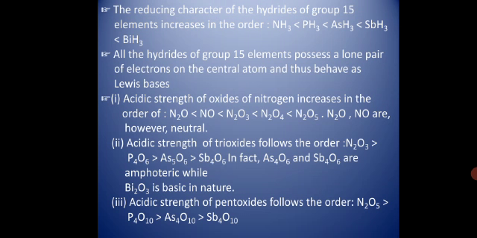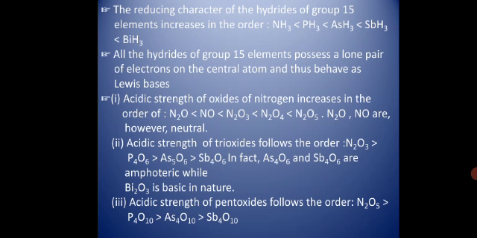As the oxidation number increases, the acidic strength also increases. You can calculate the oxidation number from N2O to N2O5 and you will find it increasing, so the acidic strength also increases.